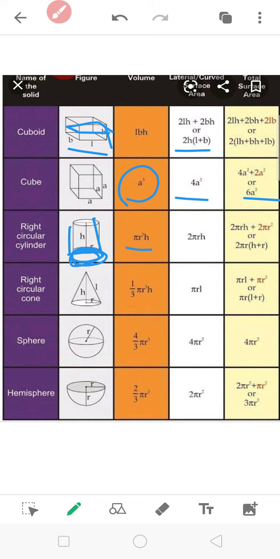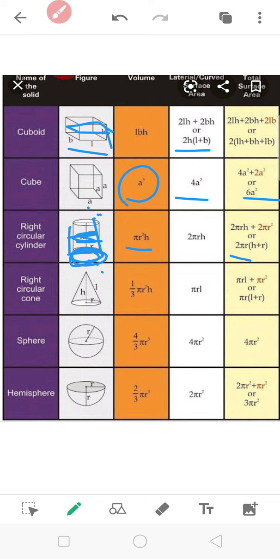Then total surface area, add up all the surfaces. Here 2 pi r h is the curved portion, and the up and down portions look like circles, so we have to add 2 pi r square to that. If you take 2 pi r common, h plus r comes inside the bracket. So 2 pi r into (h plus r) is the total surface area of the right circular cylinder.